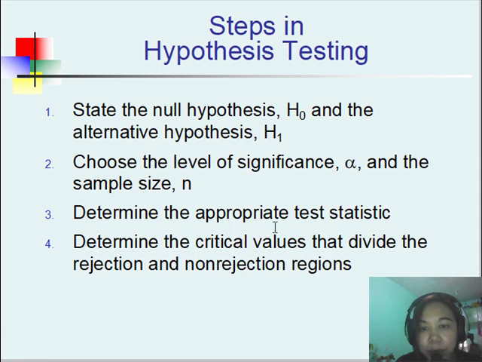Then we determine the appropriate test statistic, whether it is a z-test or a t-test. Then we determine the critical values that divide the rejection and the non-rejection regions. If it is a z-test, the critical values are found in the z-table. If it is a t-test, the critical values are found in the t-table.